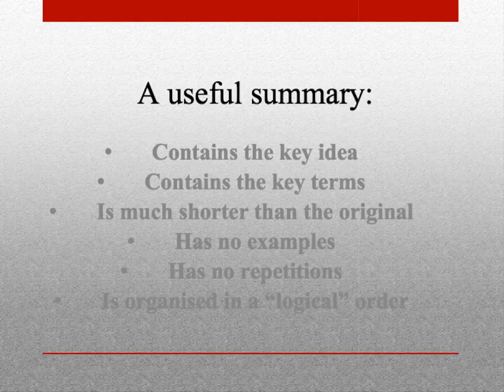A useful summary that you will write on your note-taking organiser should contain the key ideas in this lecture, the key terms. It should be much shorter than what's written in the textbook or expressed in this video. You shouldn't have any examples, you shouldn't repeat yourself, and it is organised in a logical order.